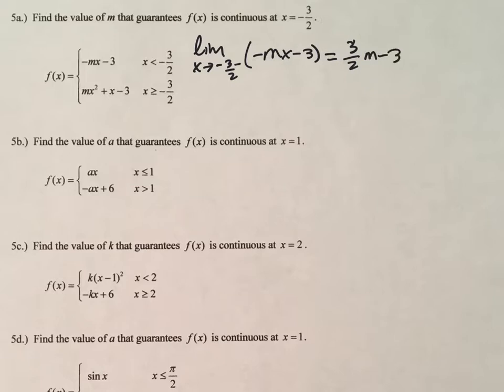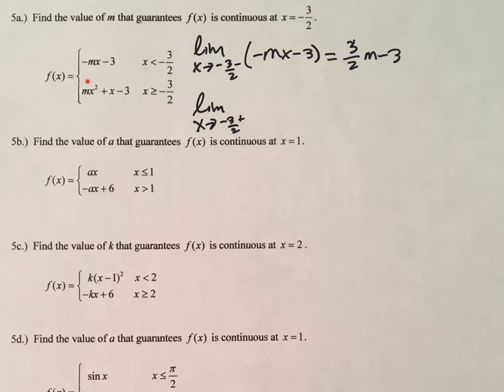All right, and so now let's find the limit of f of x as x approaches negative 3 halves from the right. Now, as x is approaching negative 3 halves from the right, we're going to use this part of the function definition, because I'm talking about x values that are bigger than negative 3 halves.